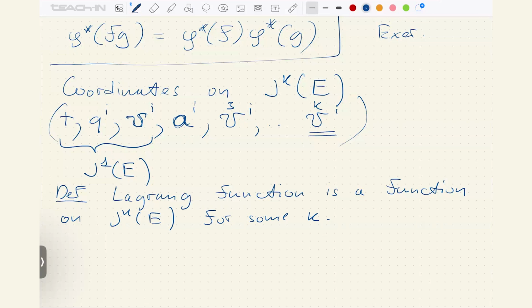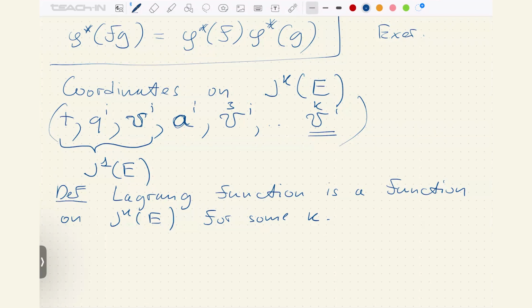Okay, so why is this jet bundle useful? First of all, it's a space on which Lagrange functions live, in general, if you want, in principle, to be able to handle high derivatives.